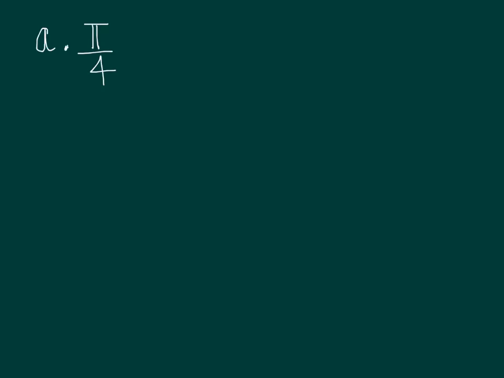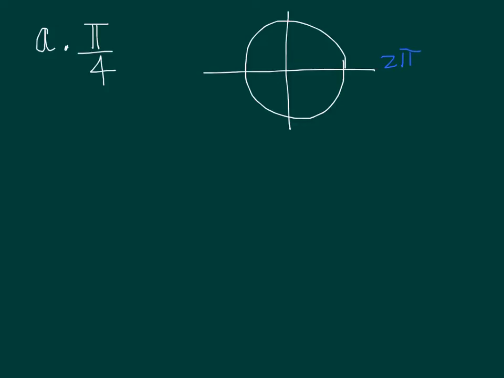So let's say they wanted us to draw pi over 4 in standard position. A full circle is 2 pi units. I have to find out what fraction of this circle represents pi over 4. If you don't know, this is a formula that will help you.